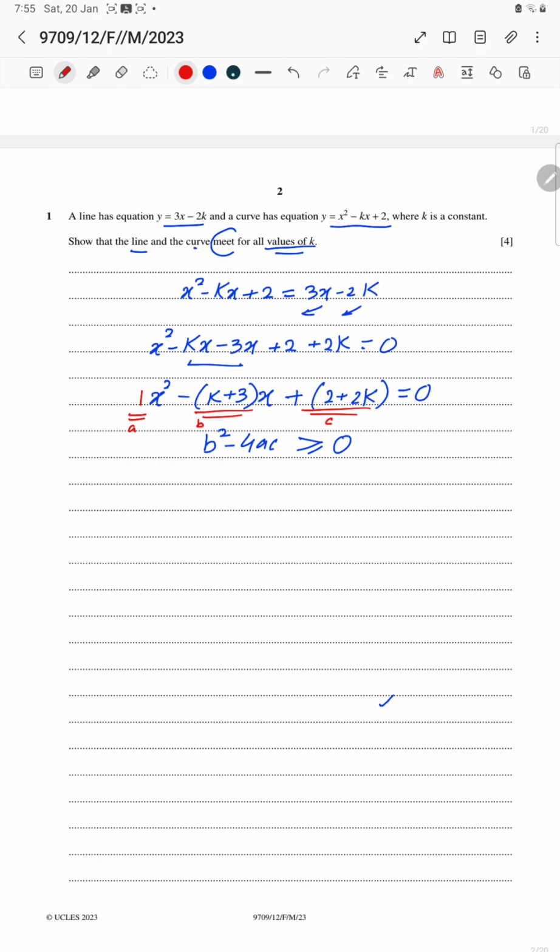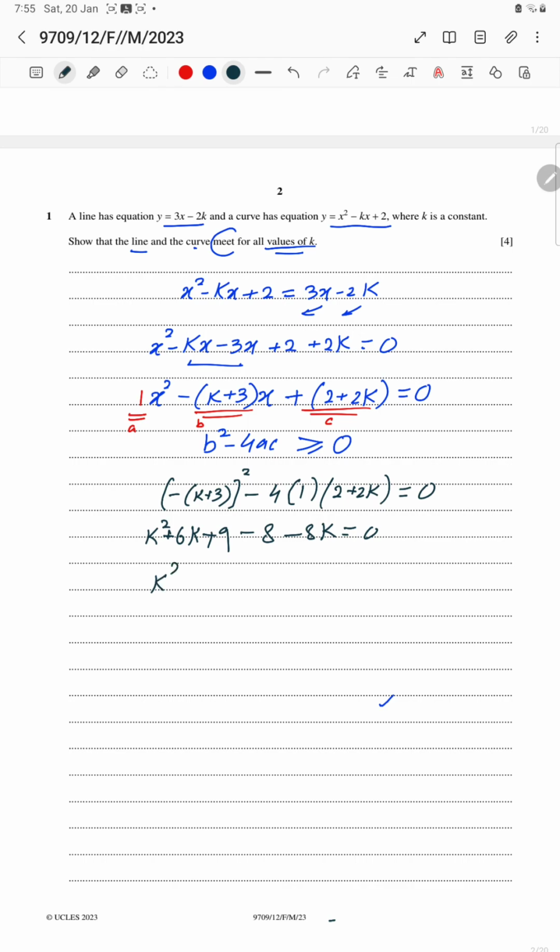Substitute in the rule, we get b square, minus into k plus 3 whole square, minus 4 times 1 times 2 plus 2k equal to 0. Now expand it, we will get k square, this minus becomes plus because of the square, k square plus 6k plus 9 minus 8 minus 8k equal to 0, right?